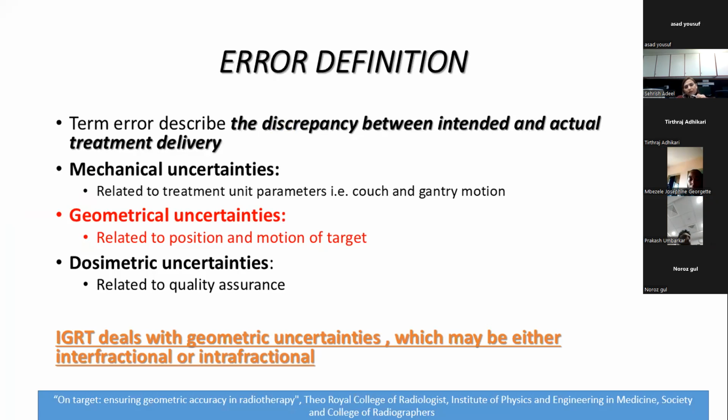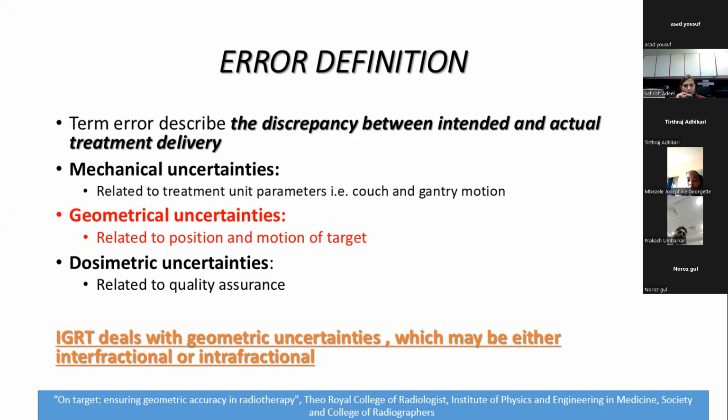The mechanical uncertainties are correlated with the machine, the couch, and the gantry motions, or the other parameters of the machine. Then come the geometrical uncertainties, which are related to the position and the motion of the target. And third are the dosimetric uncertainties, which are related to patient quality assurance.